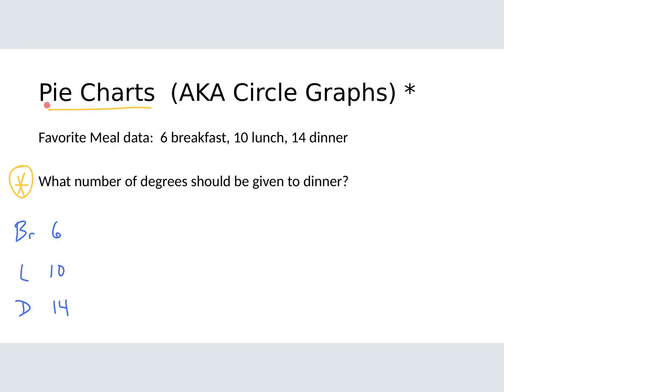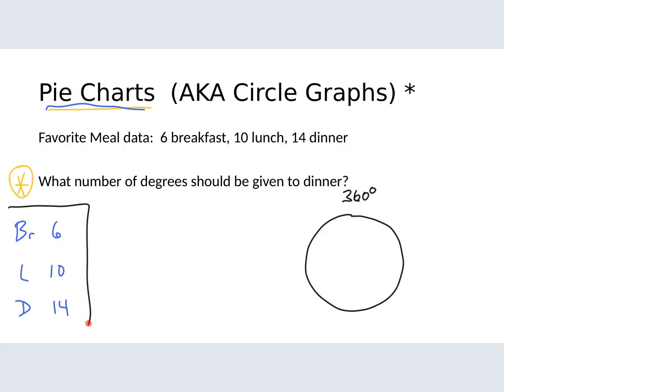Keeping in mind that what I'm doing here is making a pie chart, I've got a circle that has 360 degrees in it that I need to divide up amongst breakfast, lunch, and dinner in a way that's proportional to this data. And I say that word on purpose because I want to steer you towards that proportion approach to answering this question.